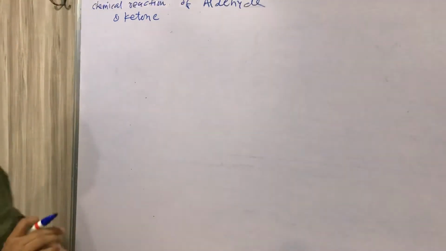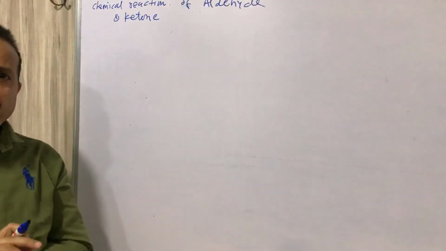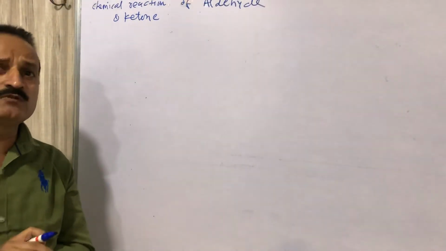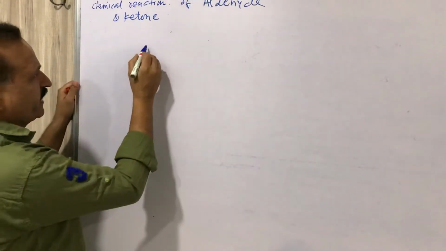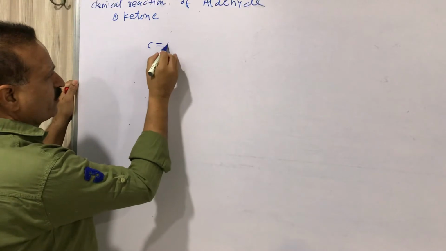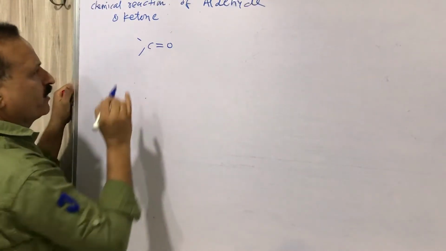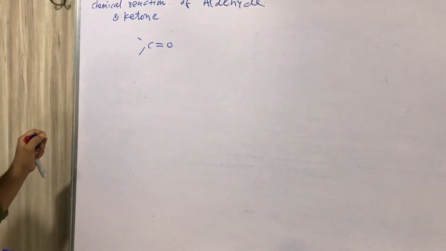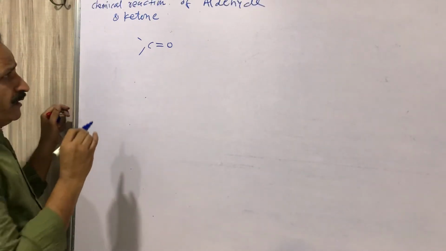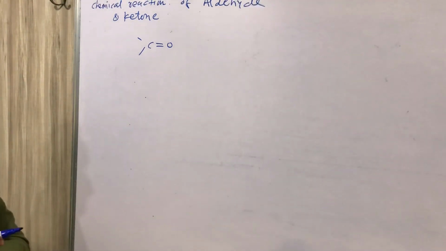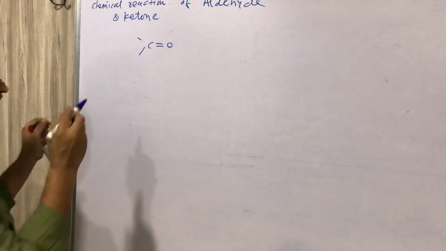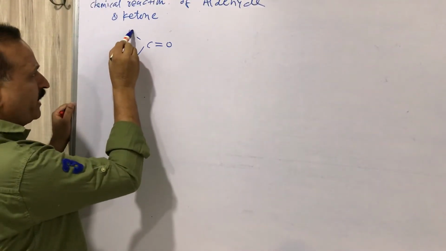So what is the difference between aldehyde and ketone? Why is aldehyde more reactive than ketone? We can see that in aldehyde and ketone there is a common carbonyl group. So maybe the chemical reaction is the same, but in aldehyde there must be one hydrogen present.